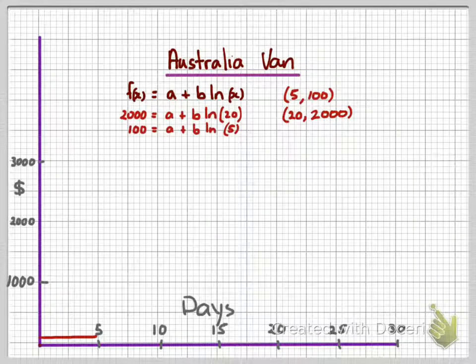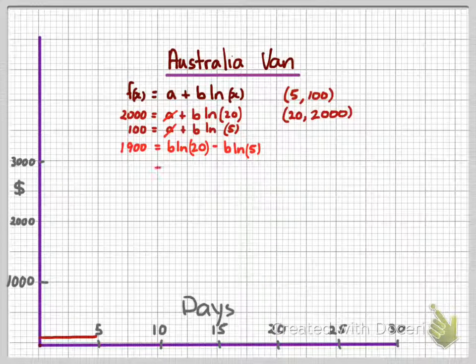Subtracting these two gives 1,900 equals, and the a minus a will disappear. It gives you b logarithm of 20 minus b logarithm of 5. Then we factorize our b to get this one here. That will be b times the logarithm of 20 minus logarithm of 5.